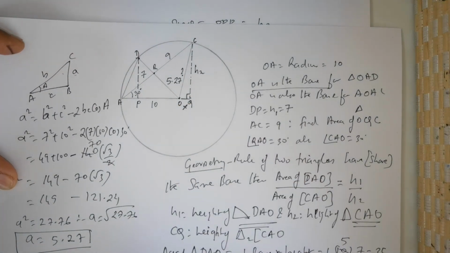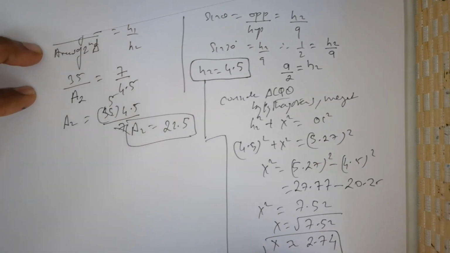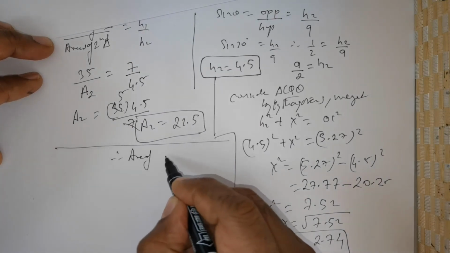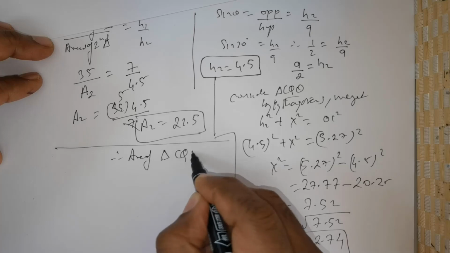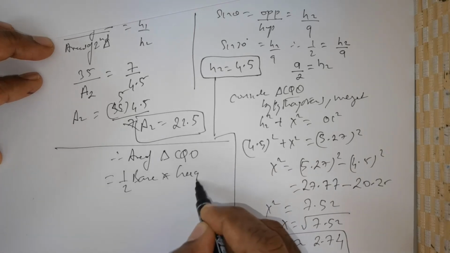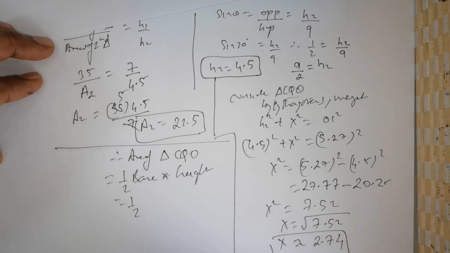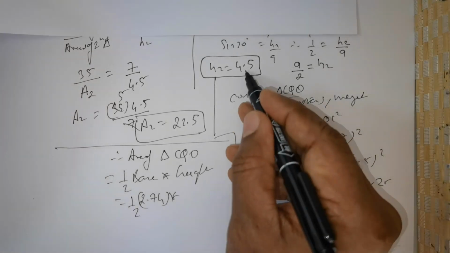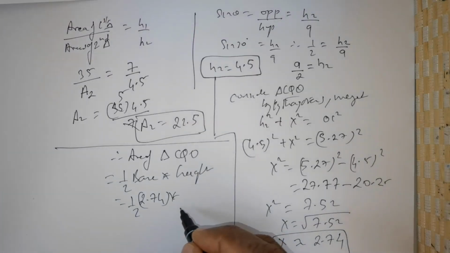If you want to find the area, the area of triangle CQO is equal to half times base into height. My base is 2.74, and I got the height value, h2 is 4.5.